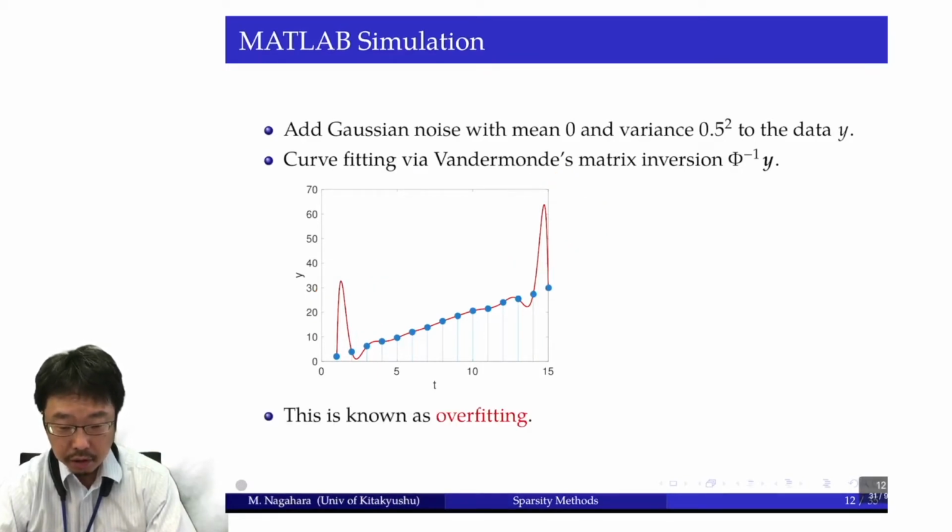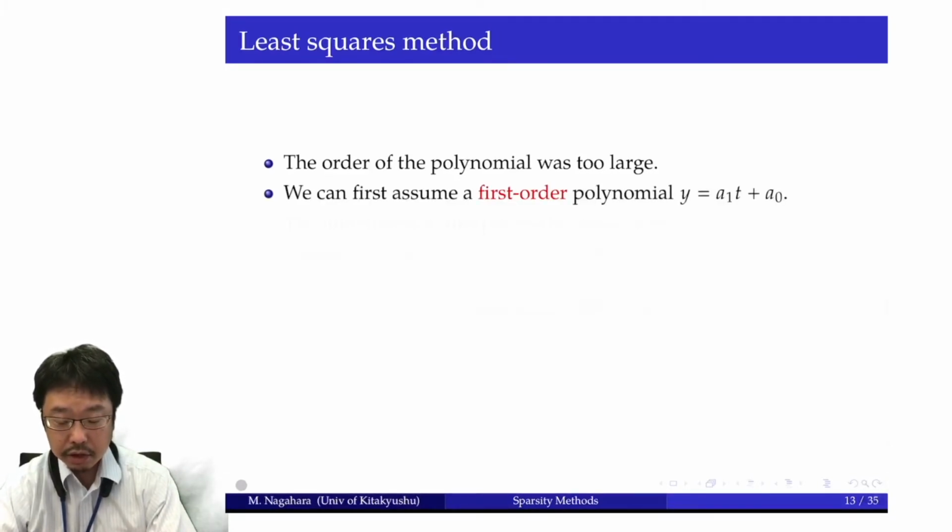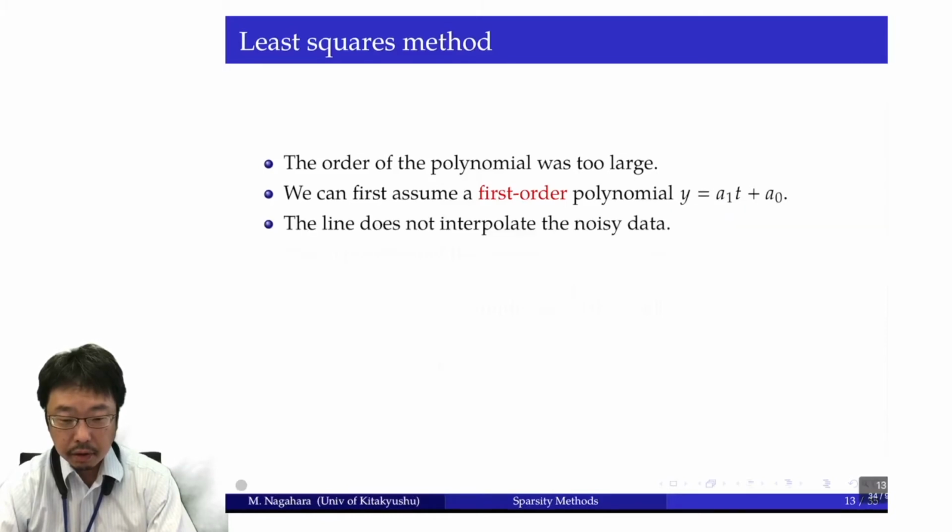This is known as overfitting. Why did overfitting happen? A reason is the order of the polynomial was too large. If we have knowledge that the original relation is linear, then we can first assume a first-order polynomial y equals a1 t plus a0. Then the line does not interpolate the noisy data.